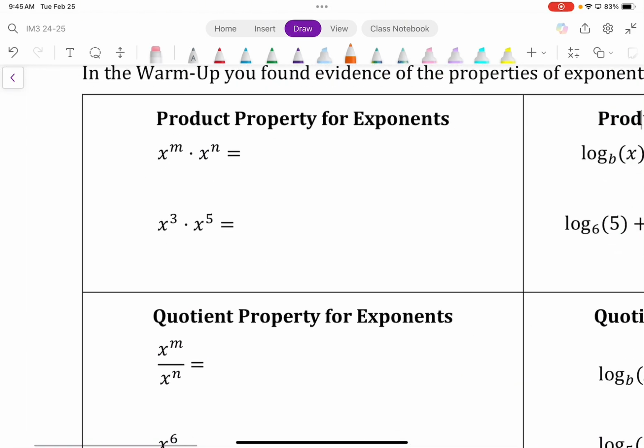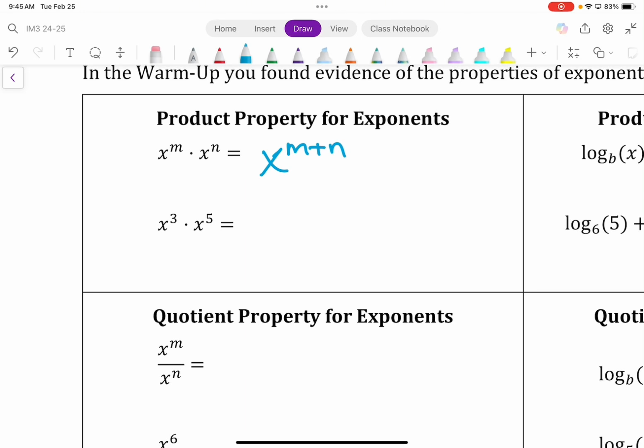All right. So first, let's look at the properties of exponents that we saw last semester. When you multiply the same base, we talked about being able to add the exponents. So something like x to the m times x to the n can be rewritten as x to the m plus n.